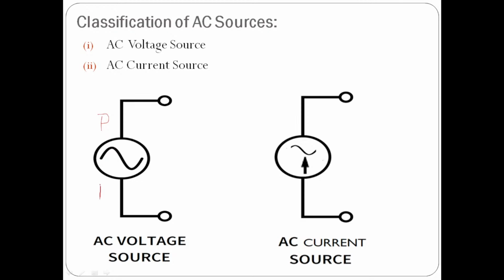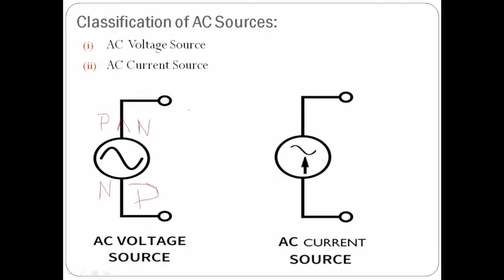You can even write it the other way, since it is an alternating quantity. The phase terminal is not fixed. You can consider whichever terminal you want as phase. But for DC, if it is plus you have to consider it as plus, and if it is minus you have to consider it as minus.